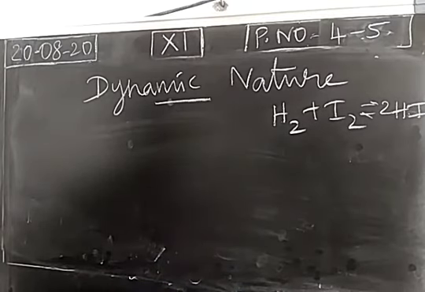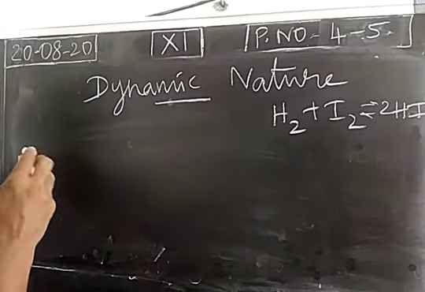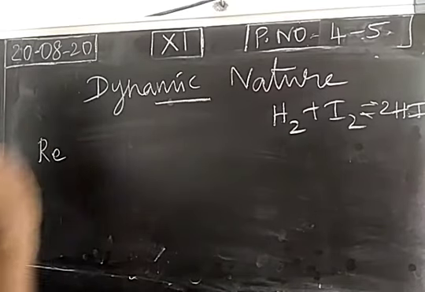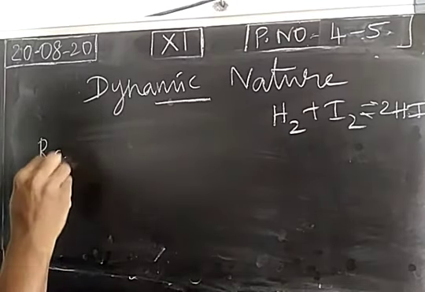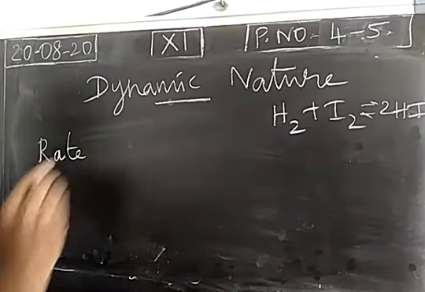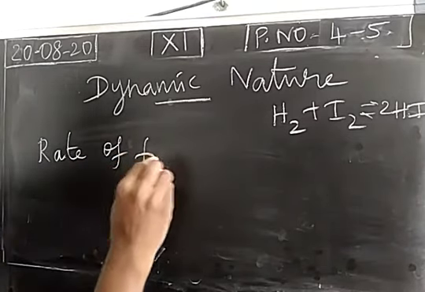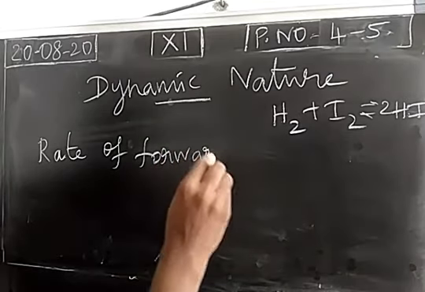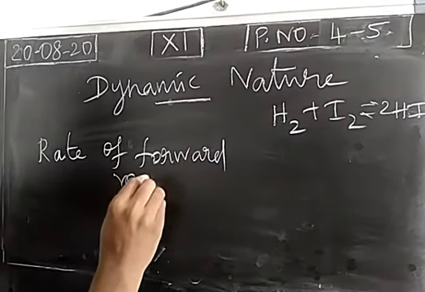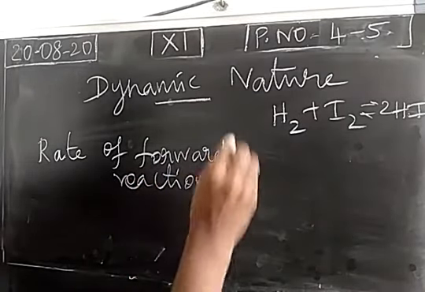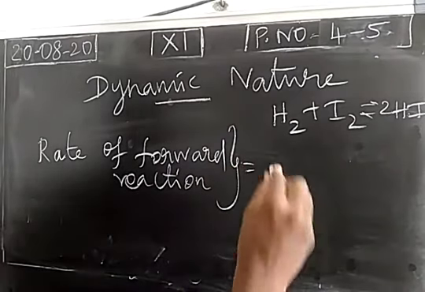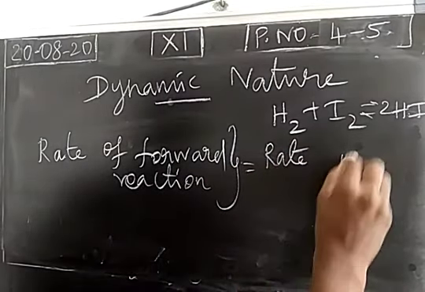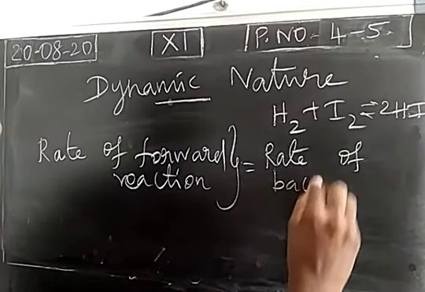This is the first concept. Second, in the reversible process, at one particular stage, rate of forward reaction will be equal to rate of backward reaction.